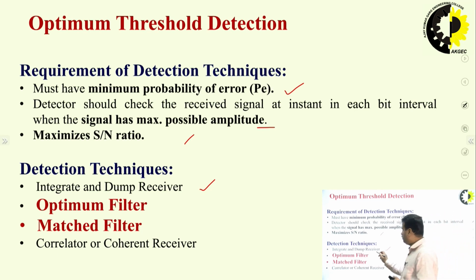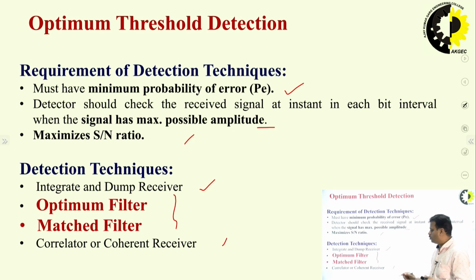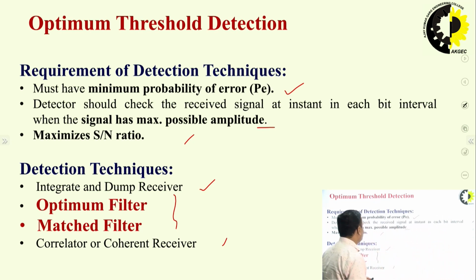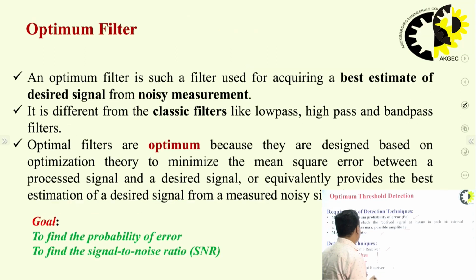Then the very important ones, the optimum filter and matched filter techniques, and then the correlator or coherent receiver technique. These techniques you can use for optimum threshold detection in digital receivers.